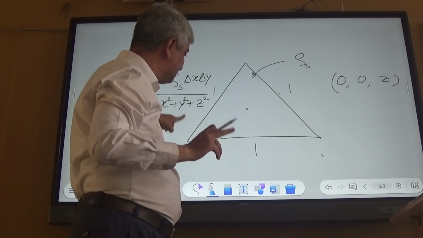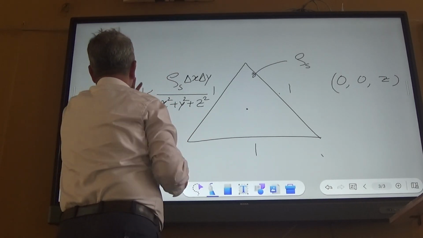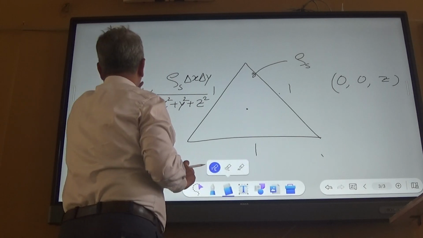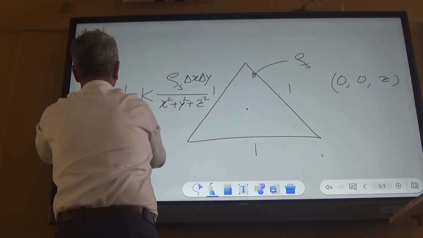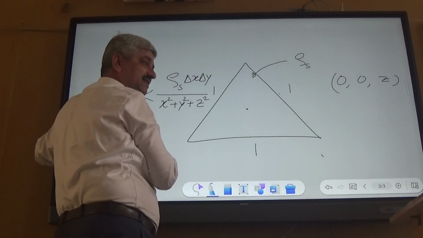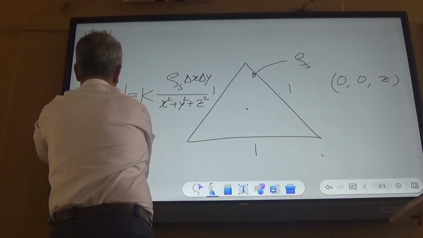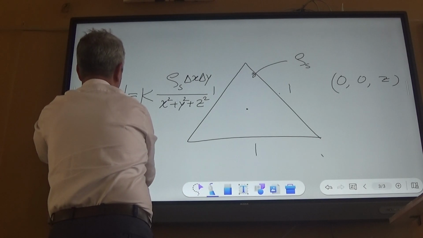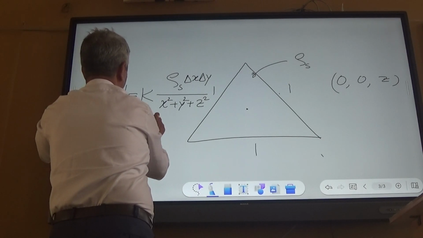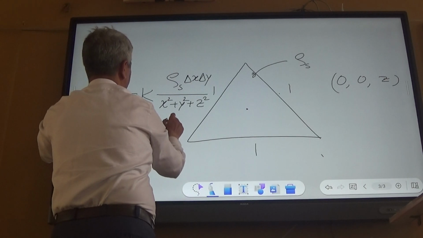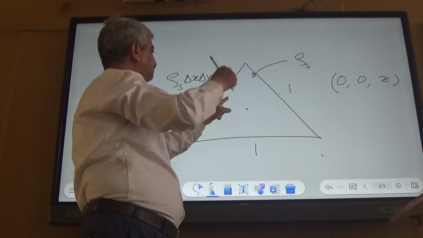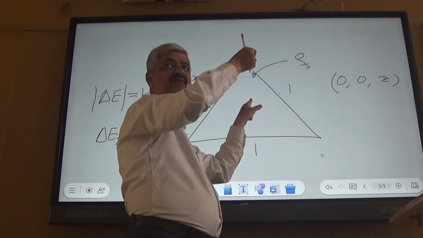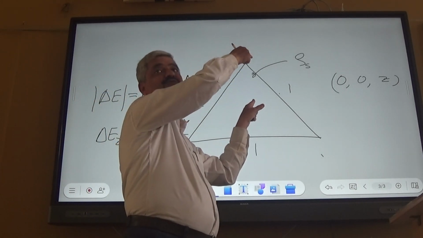And what is delta Ez? That was mod delta E. What is delta Ez? Delta Ez is k rho s delta x delta y upon x square plus y square plus z square, times z upon under root x square plus y square plus z square.